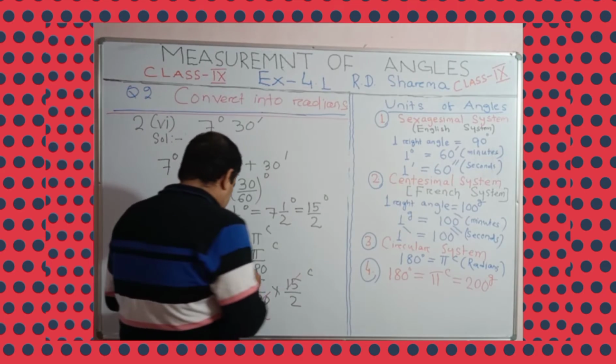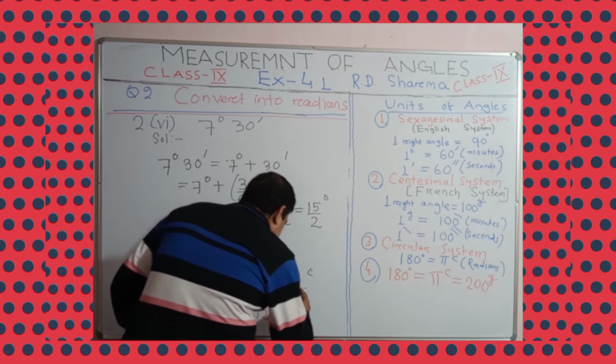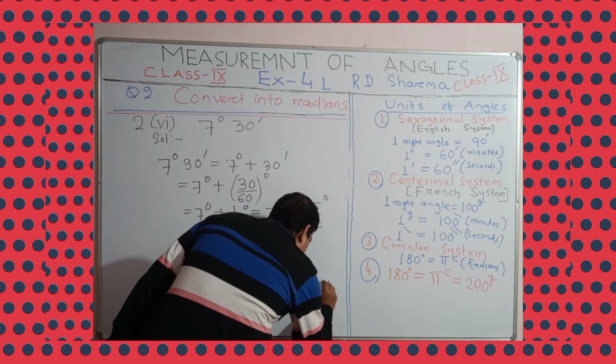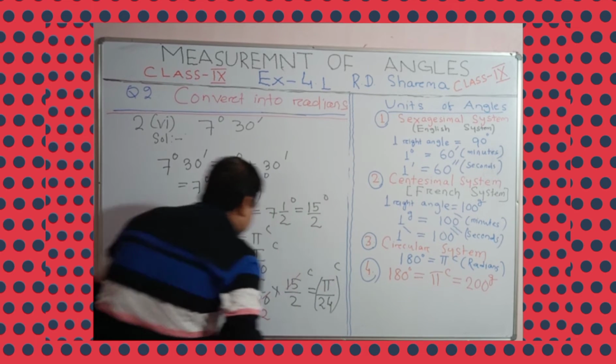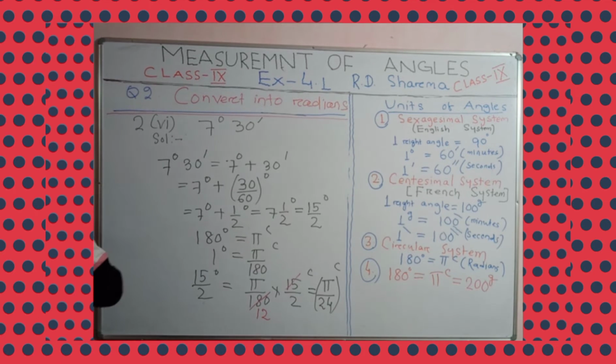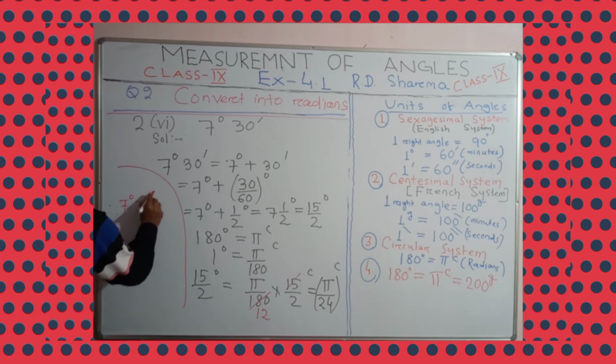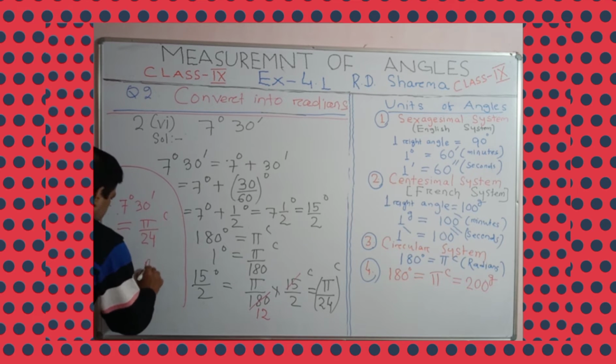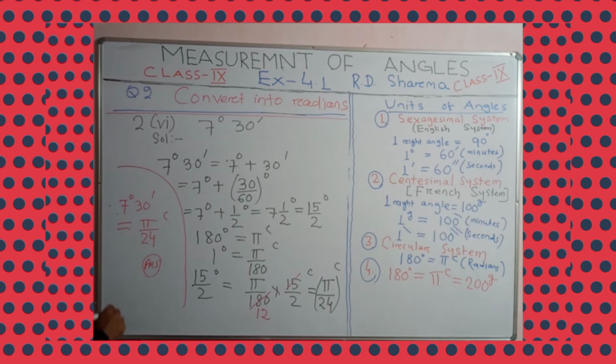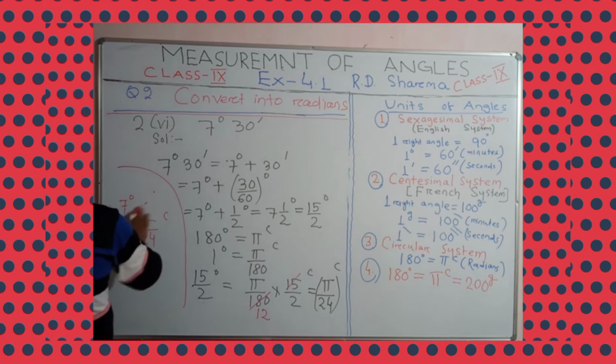So here will be pi upon 24 radian. So hence we got 7 degree 30 minute is equal to pi upon 24 radian. Is it clear? 7 degree 30 minute.